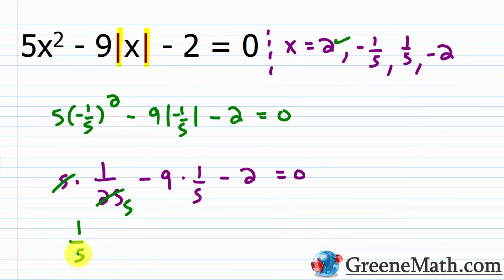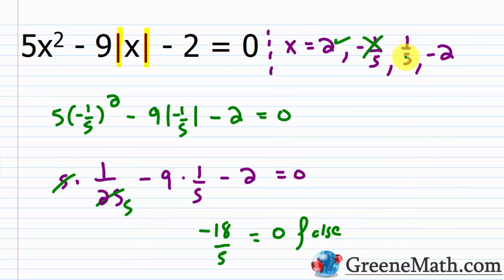So you've got 1/5 minus 9/5. You can do that real quick because they have a common denominator. 1 minus 9 is negative 8, so that would be negative 8/5. And then we're subtracting away 2, so I can write that with the common denominator as minus 10 over 5, right? 10 over 5 is 2. And this should equal 0, and obviously it doesn't, right? It would be negative 18/5, and that is not equal to 0. This is false, so we're going to reject that solution.